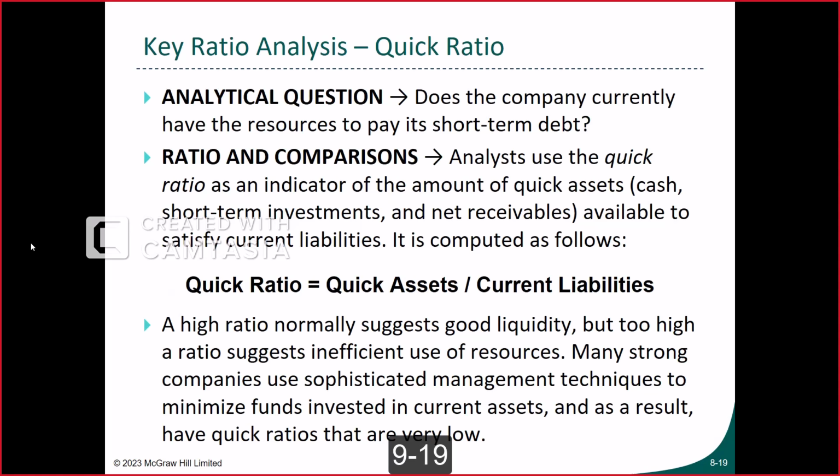banks may require not only the working capital ratio to be higher than 100%, but also the quick ratio, which uses a smaller amount of the asset, because it only includes the quick assets, not all of the current asset. It excludes the inventory. Quick assets include the cash and short-term investment as well as the receivable, which means it excludes the inventory.